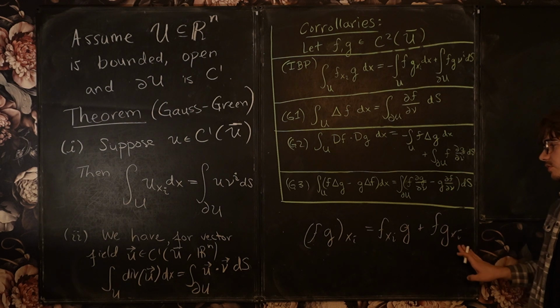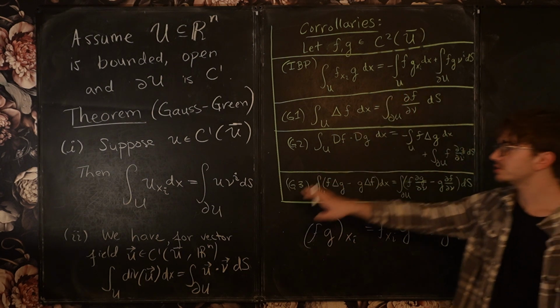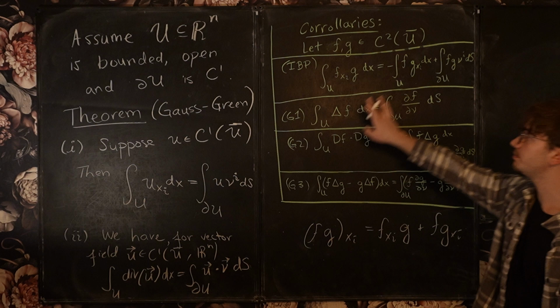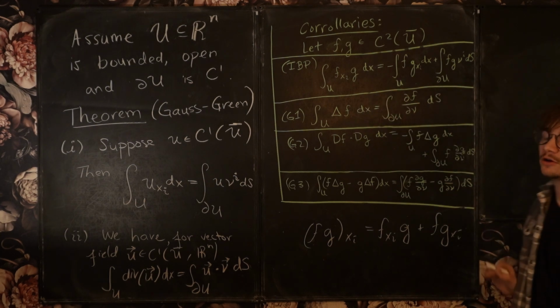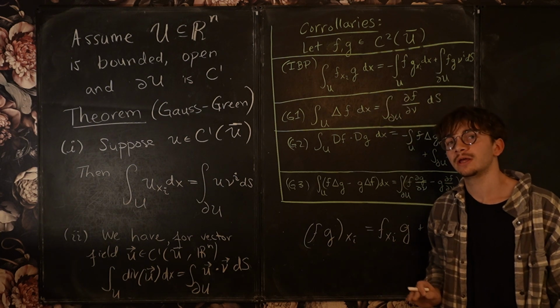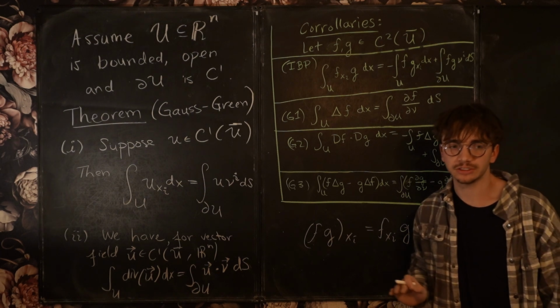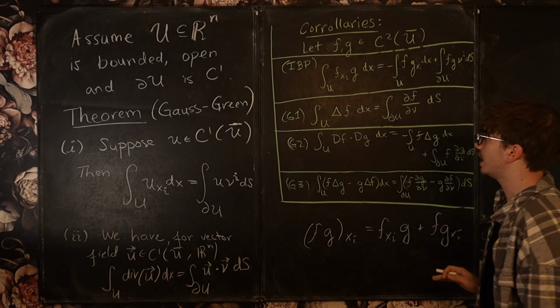This is the product rule from one-dimensional calculus. And then applying this product rule and just plugging that into this formula for part one, you immediately get this integration by parts formula, which is so pivotal for so many of these calculations in all of math.